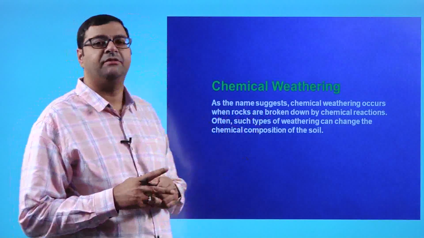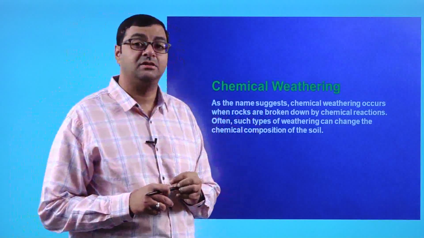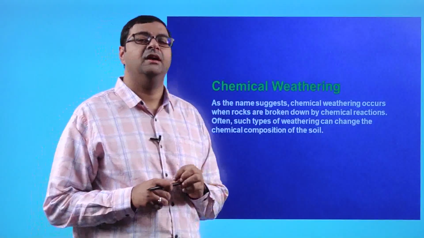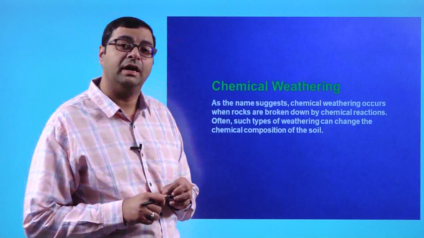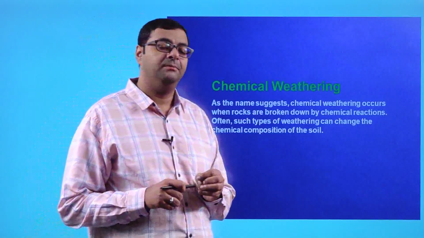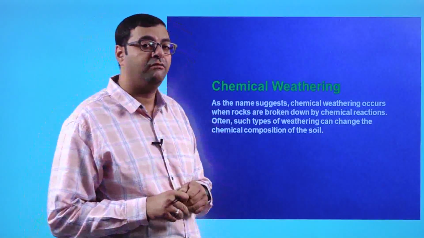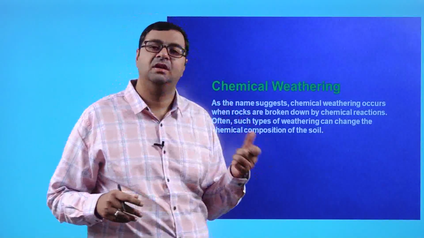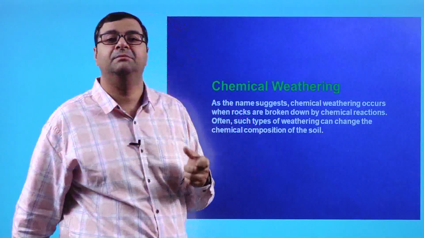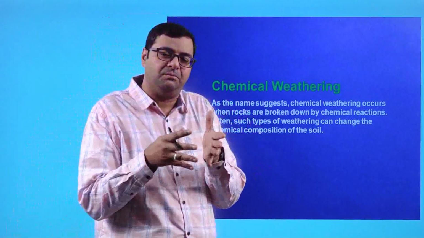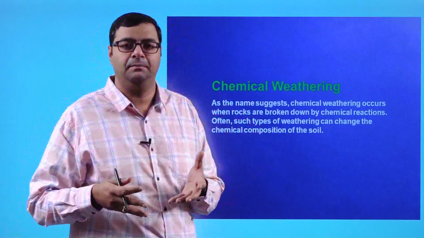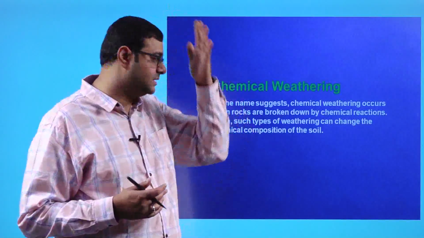Say for example, if lightning is striking a rock, or striking a rock in water, there will be a lot of chemical reactions occurring in that rock. One lightning strike is enough to change the composition of a rock basically. One small lightning is sufficient.